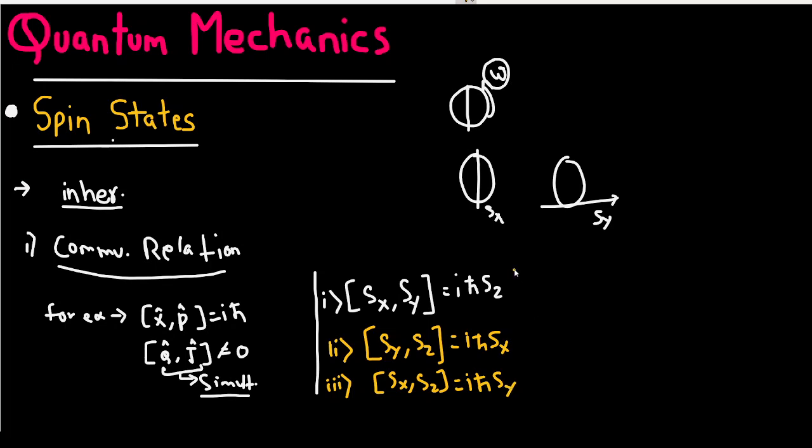So these three are the commutation relationships for measuring the spin of the particle in the defined axes. Just like position and momentum, you can't measure the spin of the particle in the x and y direction simultaneously. There is always an uncertainty in the measurement, not a precise calculation on the basis of Sx and Sy. So it also follows the commutation relationship, and this is very important.